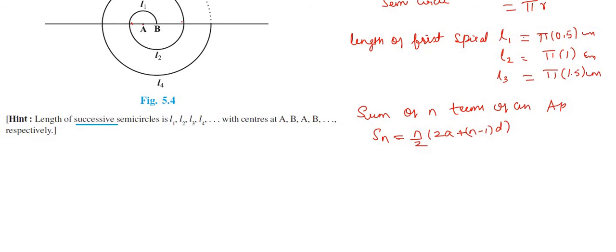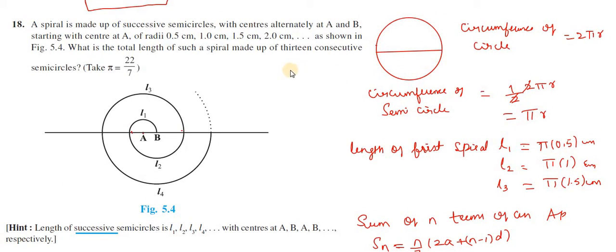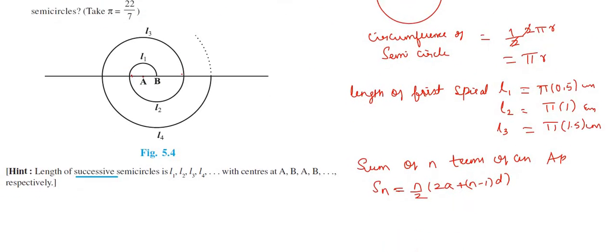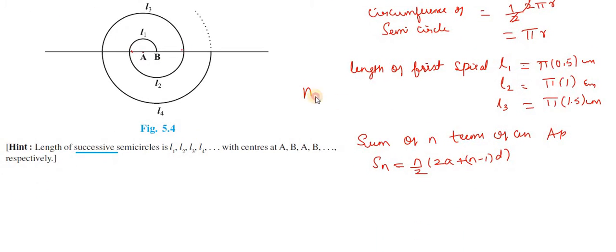And also what is n? So how many spirals do they have? Okay, they mentioned here 13 consecutive semicircles. So therefore here n is equal to 13.